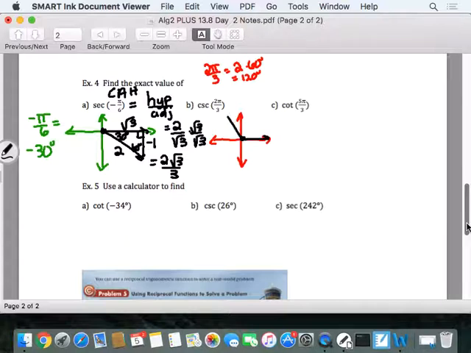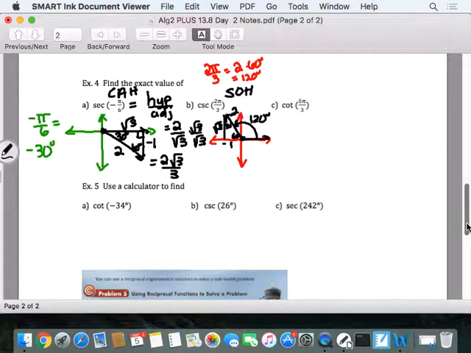How far away from the x-axis is 120? It's 60 degrees. So across from 30 is 1. The hypotenuse is 2. Across from 60 is radical 3. Well, I'm moving left, so that's a negative 1.